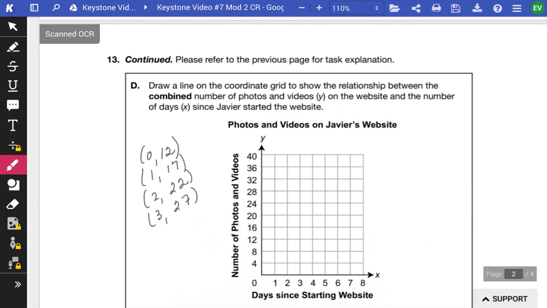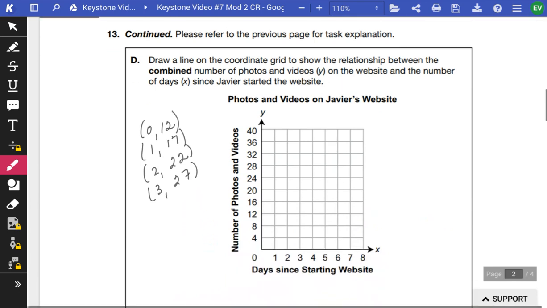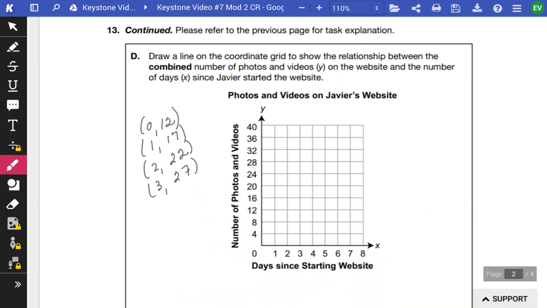So those are our points that we want to make sure that we plot. So 0, 12, 1, 17, 2, 22, and 3, 27. And then it said draw a line. So this is the line that I would draw.